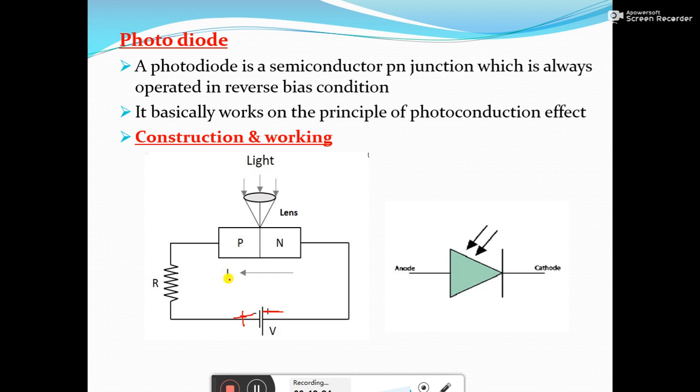If it is connected like this, this photodiode is now forward biased. Whenever the diode is forward biased, the majority charge carriers try to move towards the junction, thereby decreasing the depletion layer. Once the depletion layer is decreased, obviously the current will flow in this direction and the current is referred to as forward current.